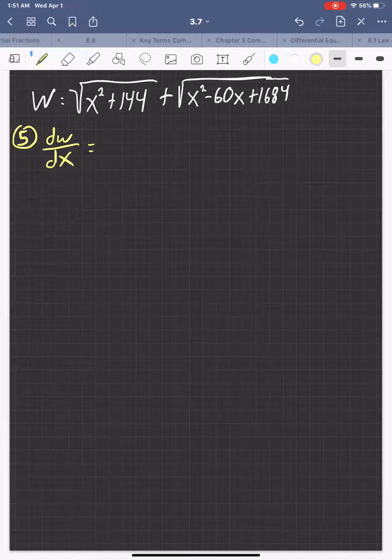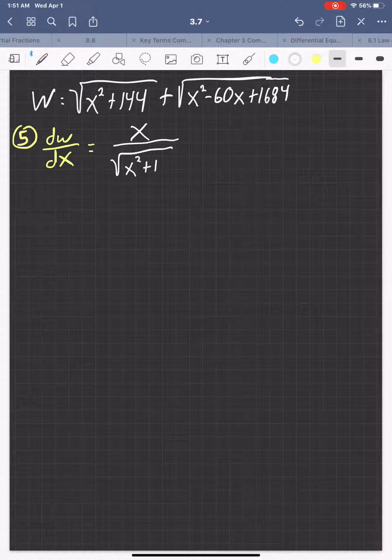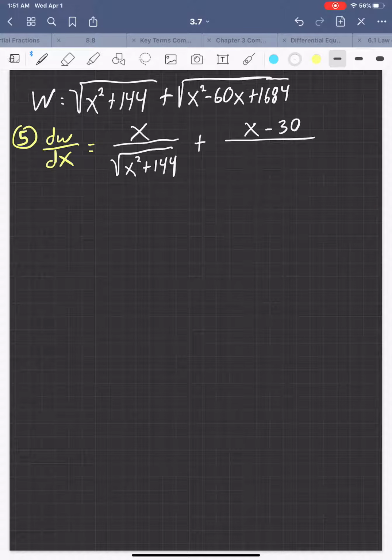So I'm actually going to do that twice in this problem. Right now, I'm going to go ahead and write the derivative. So here it is. x over the square root of x squared plus 144 plus x minus 30 over the square root of x squared minus 60x plus 1684.